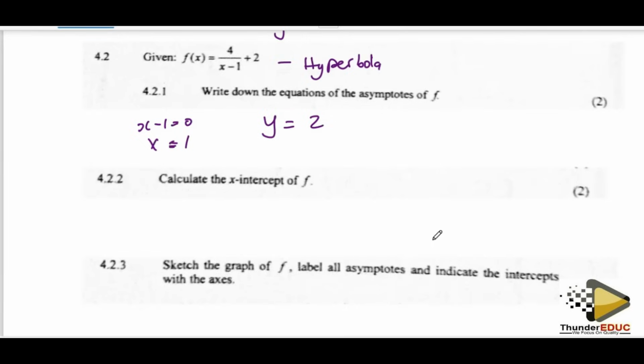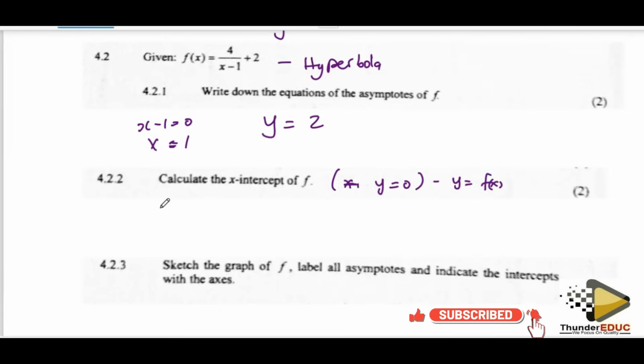They want us to get the x-intercept. One thing we know is that for the x-intercept, y must always be 0, which is also the same as f of x. Where there is f of x, we're going to put a 0 there. So 0 is equal to 4 over x minus 1 plus 2. I can move this 2 to that side so that I have negative 2 and cross multiply.